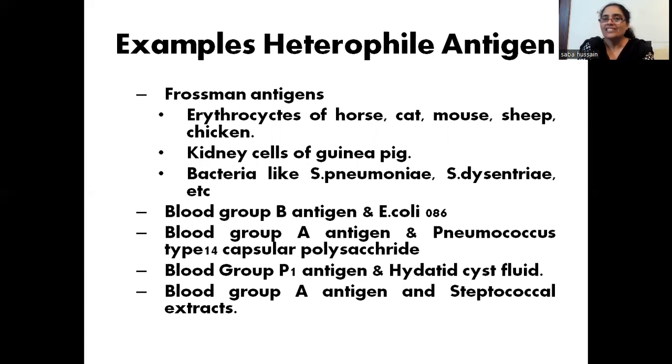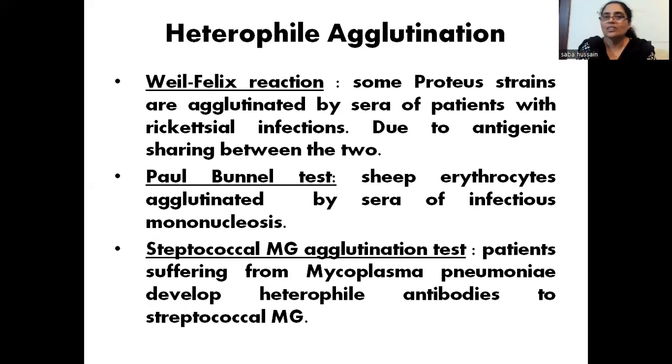Blood group A antigen and pneumococcus type 14 capsular polysaccharide share a similar antigenic structure. Blood group P1 antigen and hydatid cyst fluid share the same structure. Blood group A antigen and some streptococcal antigenic structures share the same chemical structure. That means some epitopes are common in them. So these are some examples for the exam going students to learn.